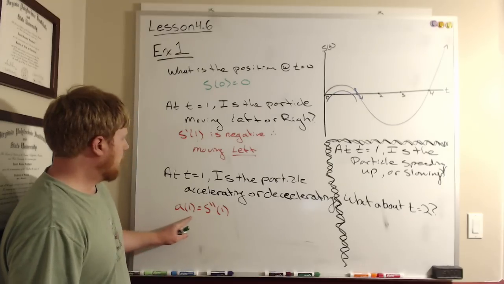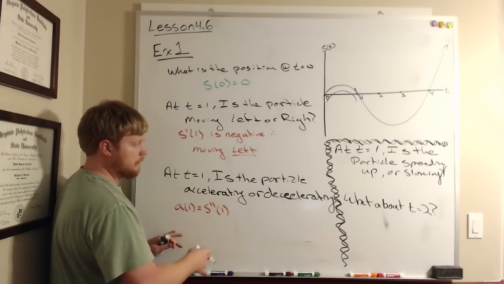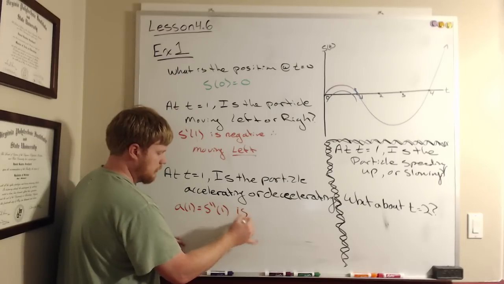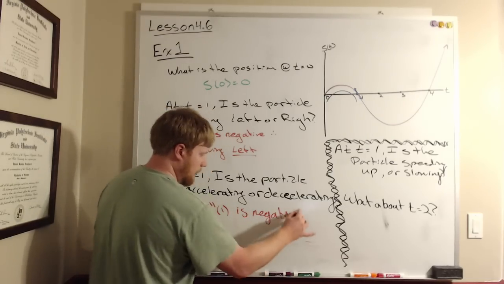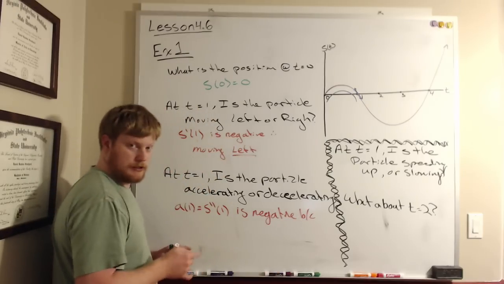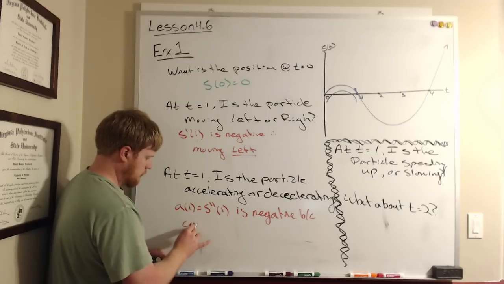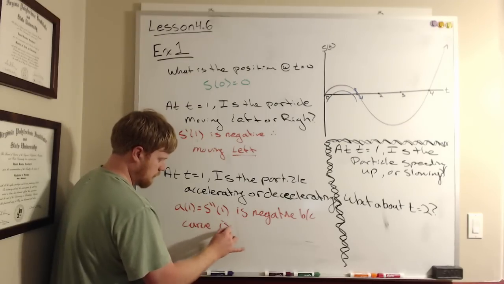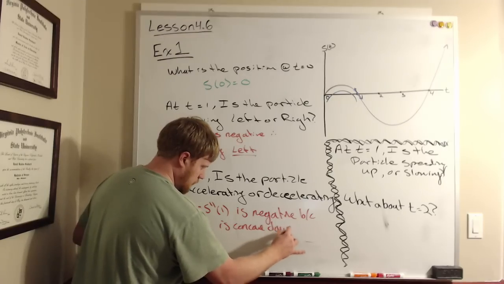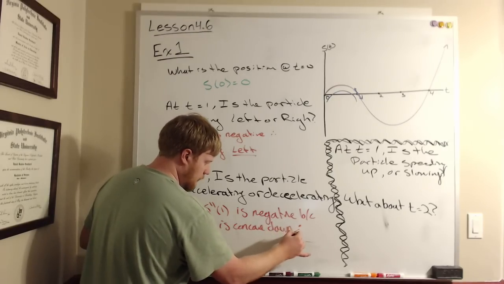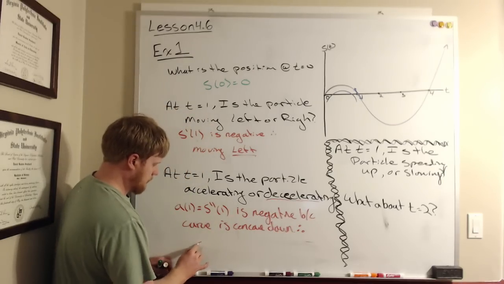So a of 1, the acceleration at 1, or the second derivative of s, is negative because I can see that the curve is concave down. Okay, and therefore we are decelerating.